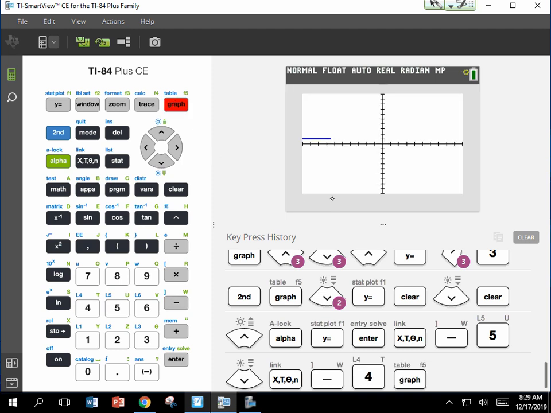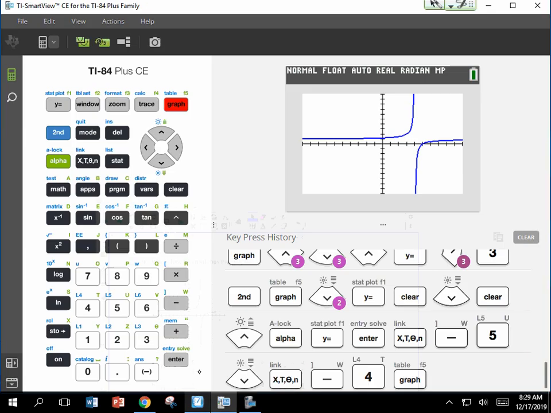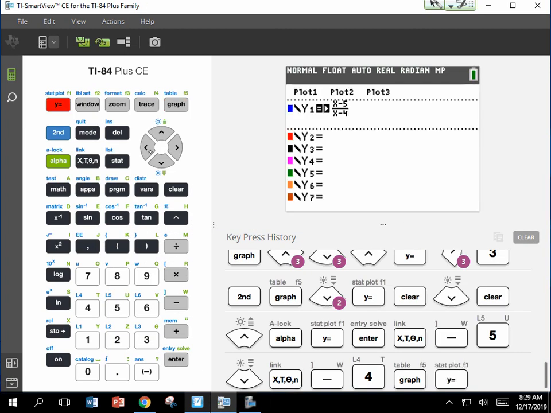Graph it, and you're going to look and see if it matches. This one crosses at 1 and 5. Look here, this one crosses between 1 and 2 and crosses at 4, so that's not the correct answer. So then we're going to try B.